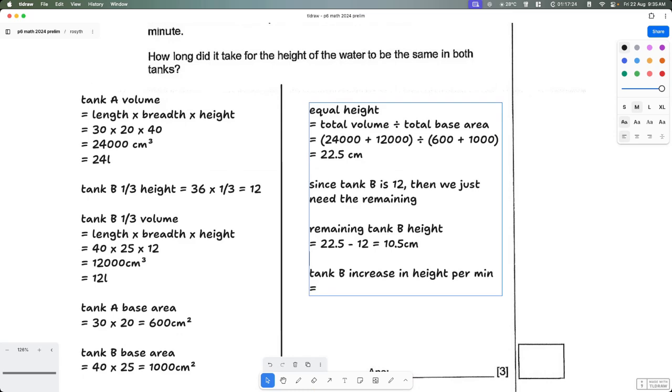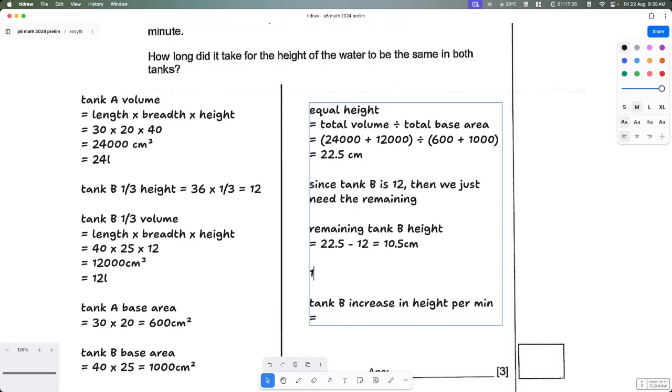I'm gonna write here 1.2 liters is equal to 1200 centimeter cube, right? So we just have 1200, then divided by tank B area is 1000, which is 1.2 centimeter per minute.